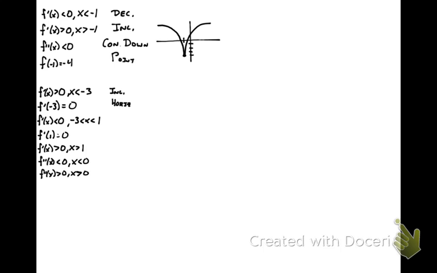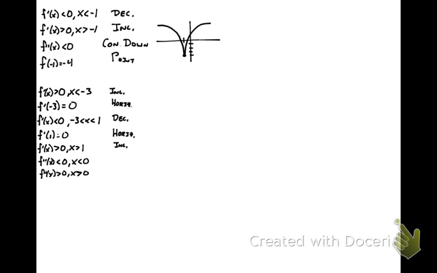From -3 to 1, the derivative is less than 0, or negative, so the function should be decreasing. At 1, the derivative is 0, so then it will be horizontal. After 1, the derivative is greater than 0, or positive, so then it should be increasing.